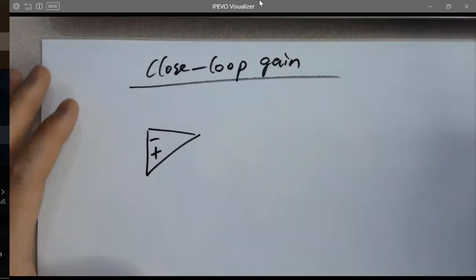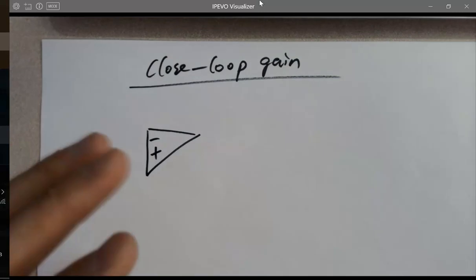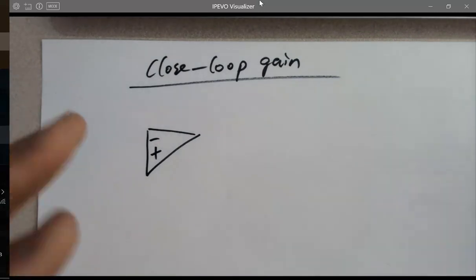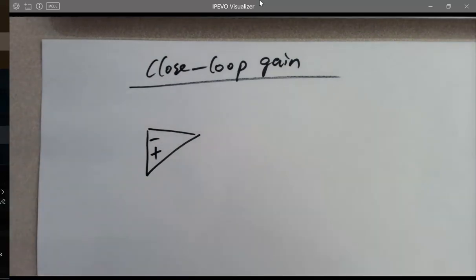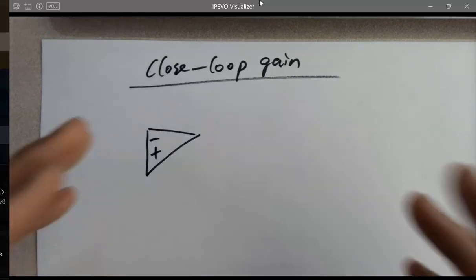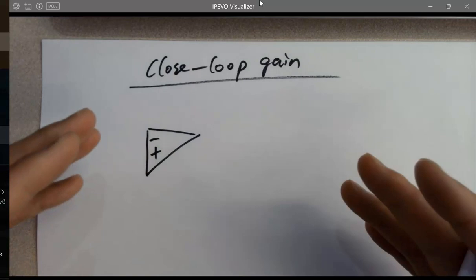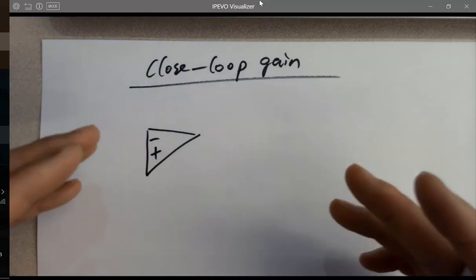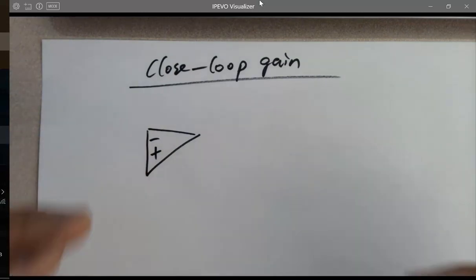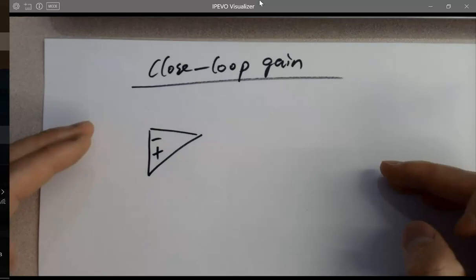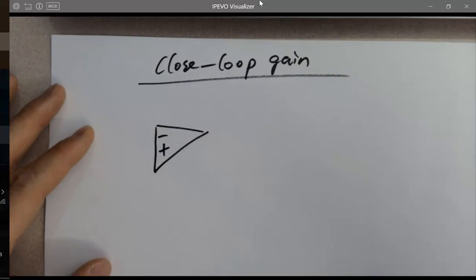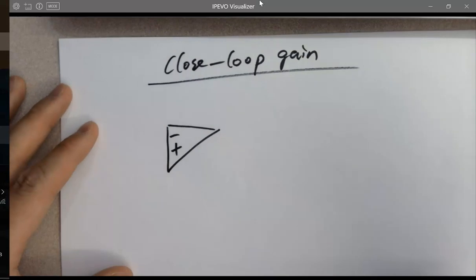Because of the open loop gain, negative feedback, and all the properties derived from these two properties or techniques, we can use our op-amp in a closed loop form to amplify an analog signal into a continuous analog signal. Okay, so now start from this page, forget about open loop gain and everything. Now let's just use it as an op-amp, all right?